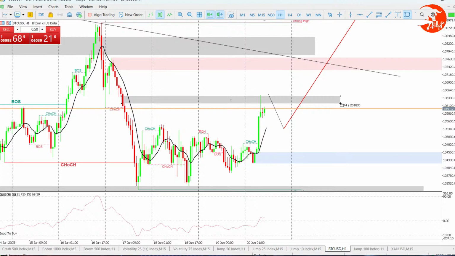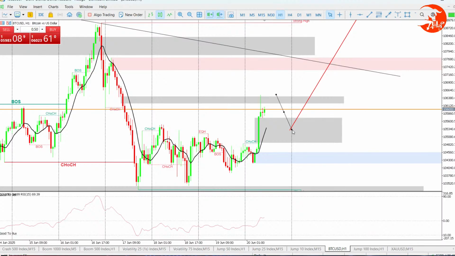Let's head over to H1. That is what we see. If we see that, then we know the price is going to come around this level.